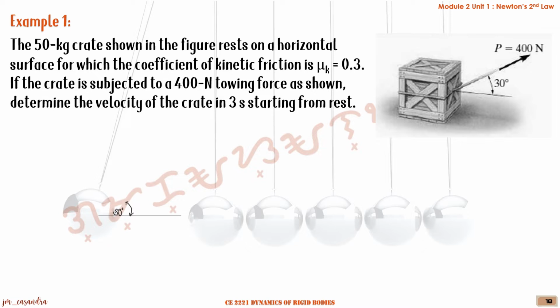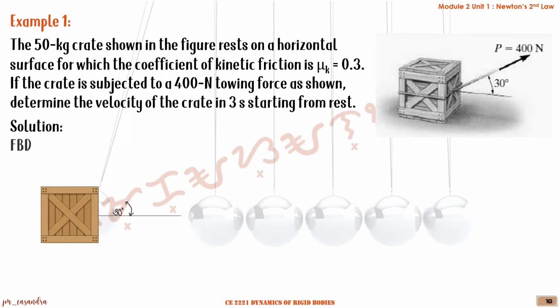seconds starting from rest. For our solution, what we need to do first is to draw our free body diagram, or the FBD. Given the crate, we have the weight, which is directed downwards to its center of gravity. We also have the normal force directed towards the surface.